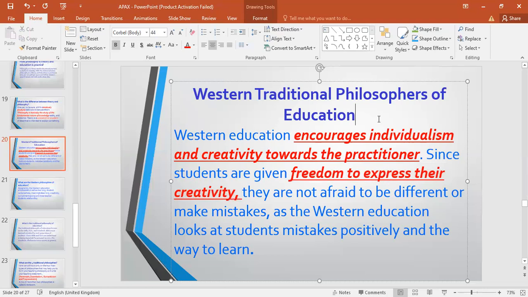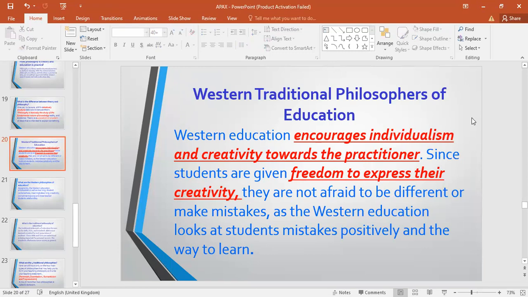It's totally different now. We can't compare the earlier education philosophy with nowadays philosophy. It's all changed.